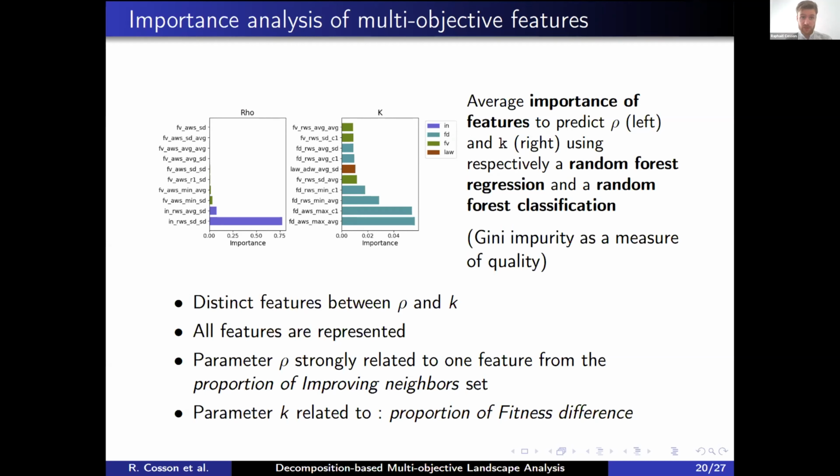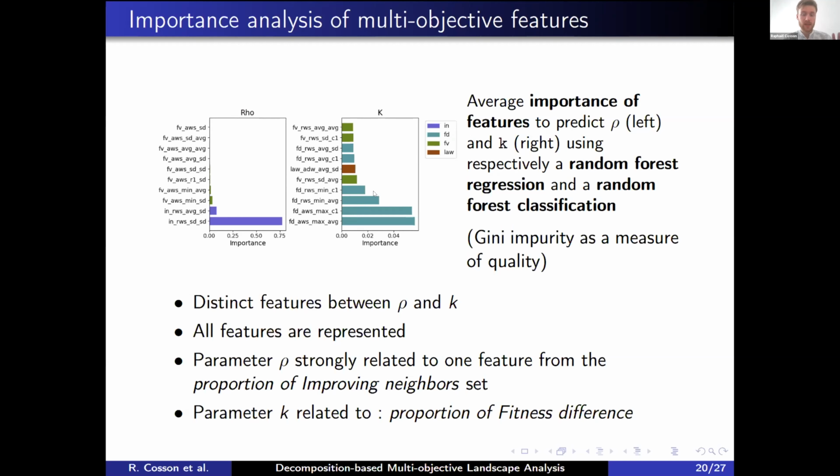From this figure, we use the Gini impurity as a measure of quality to determine which features were the most important to predict each parameter. And here only a small sample of features is represented due to space.